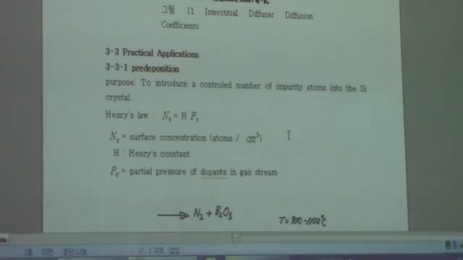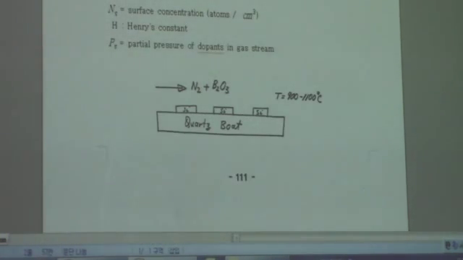Now, for the practical applications of predeposition, we use Henry's law, because we do not have that heavy a concentration of dopants, and the partial pressure of the dopants is related to the concentration linearly with the Henry's constant.